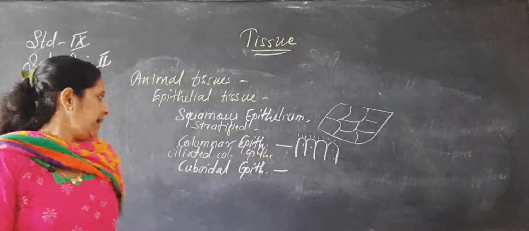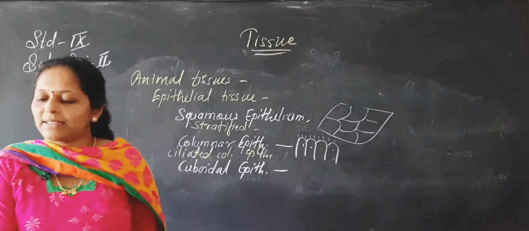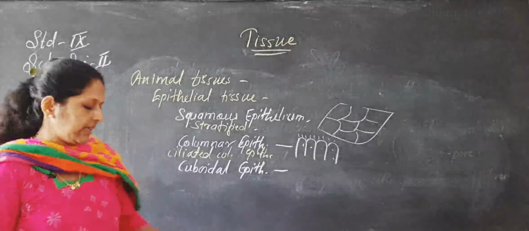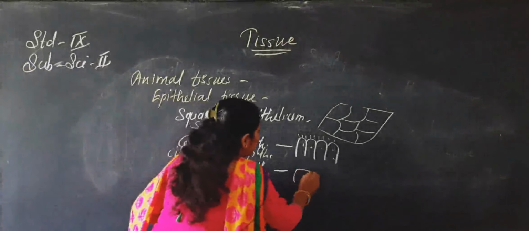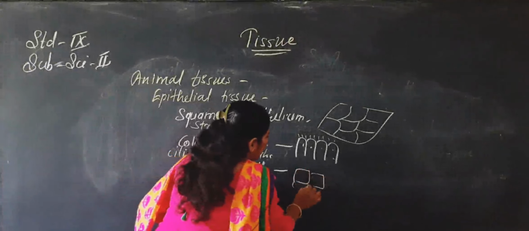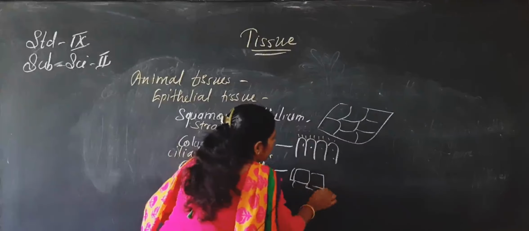Next, cuboidal epithelium. In the diagrammatic representation you can observe cube-like structures, which are called cuboidal epithelial tissue.